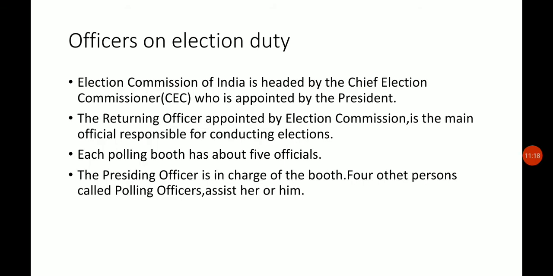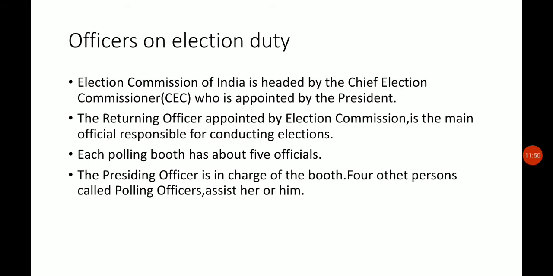For example, if our school, Holy Cross, has been made a booth, one officer, the presiding officer, will be in charge of that booth, and 4 more persons, called polling officers, will look after the 4 areas in which the polling booth is conducted.